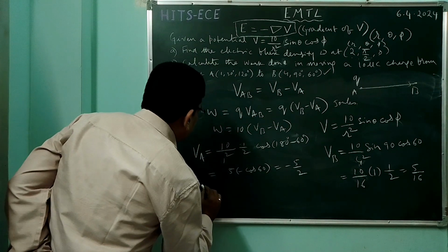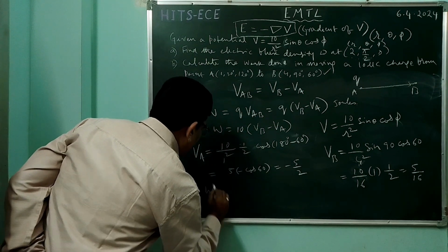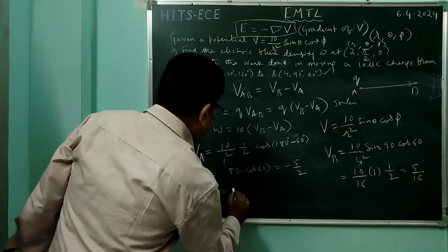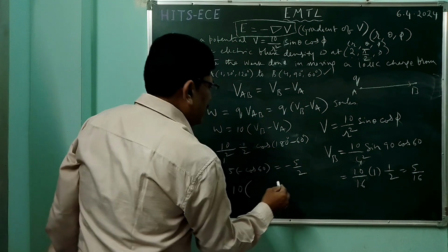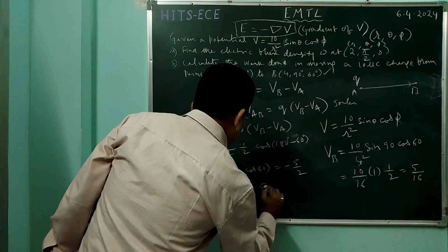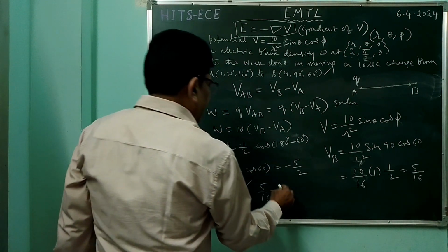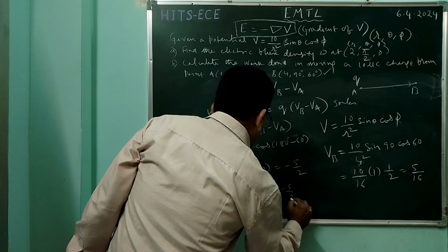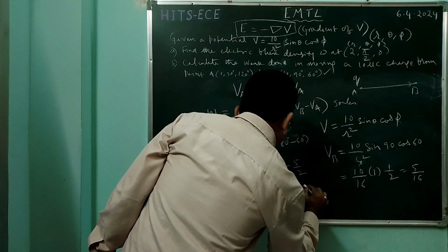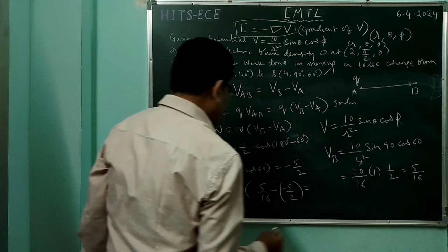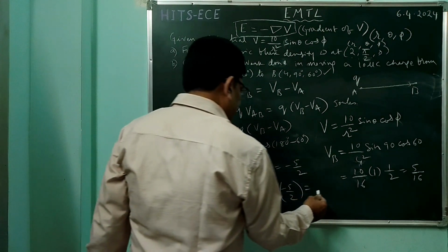So the work done is equal to Q, which is 10, into V_B, which is 5 by 16, minus of minus 5 by 2 for V_A, so it will become plus.